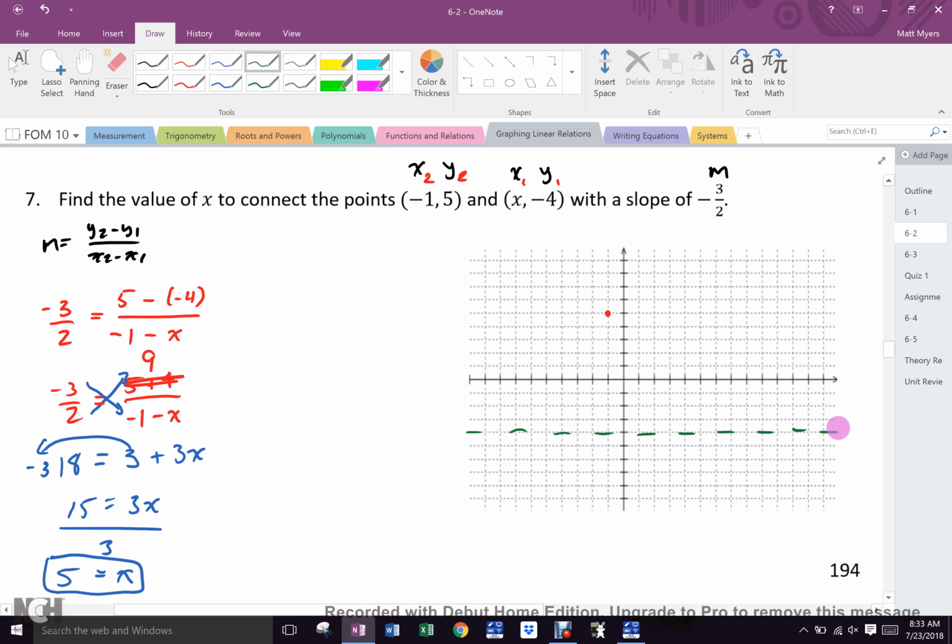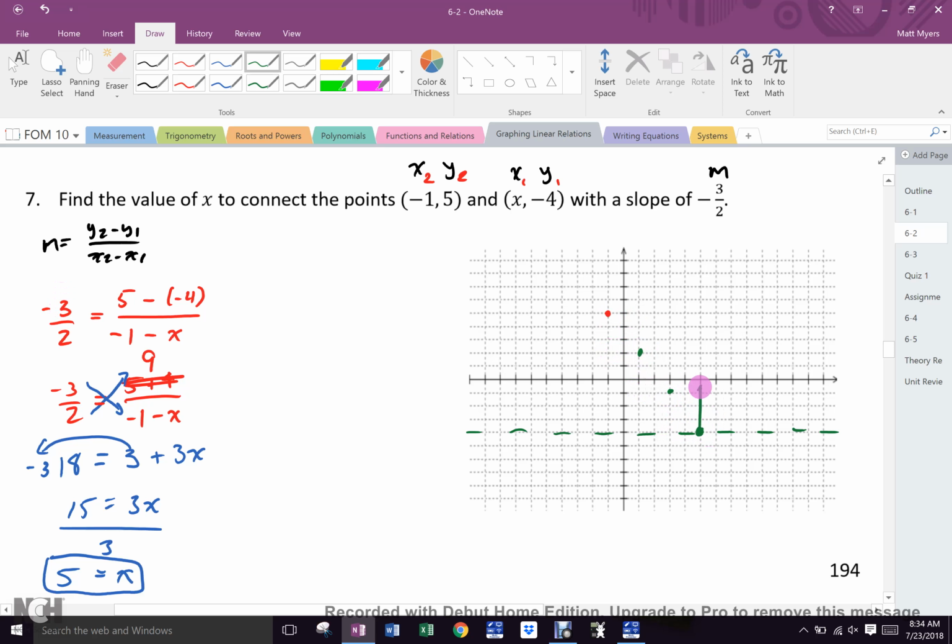And I know my slope is negative. So I've put the negative with the top, which is rise, right? So I'm going to go down 3 and then where? Right 2. Down 3, 1, 2, 3, right 2. Down 3, right 2. And there it is.